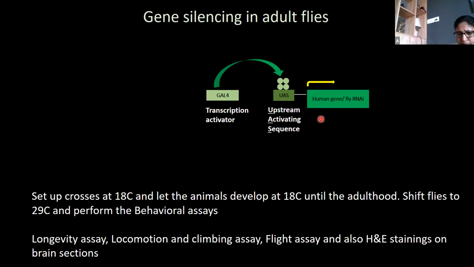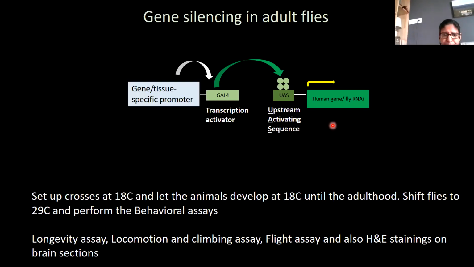We can control the expression of this downstream coding sequence, which could be RNAi or a human gene, temporally and spatially using a gene- or tissue-specific promoter here. So this tissue- or gene-specific promoter gives you spatial and temporal control of expression of the downstream sequence.